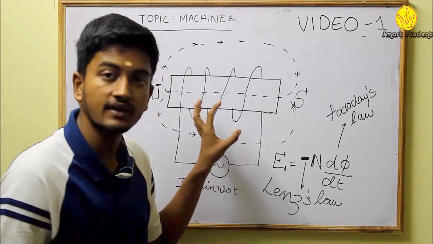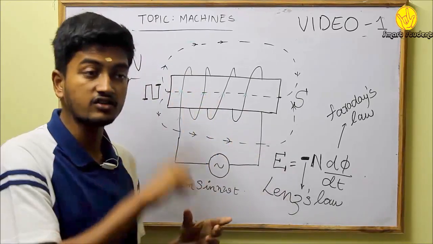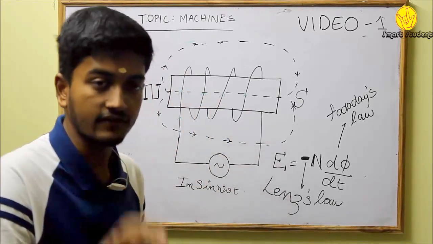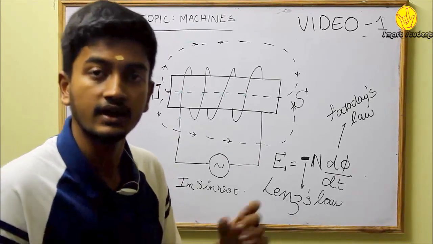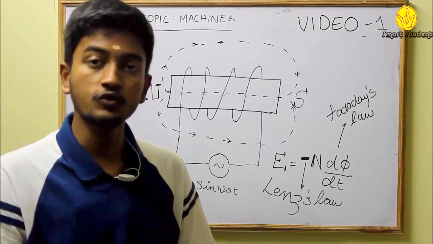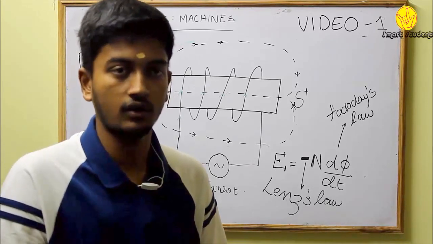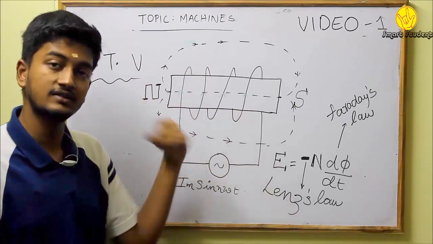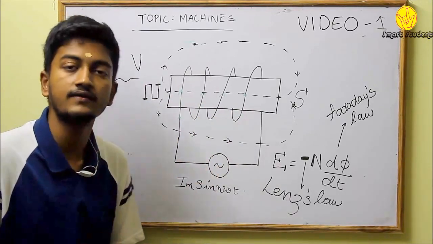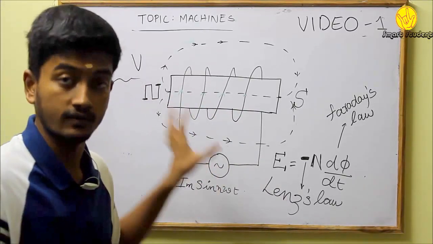In the same way, whenever a cause is producing an effect, this effect will be in such a direction that it opposes the rate of change of the cause. Here my effect is EMF and my cause is the magnetic field. In this way, we can understand relative time variations.